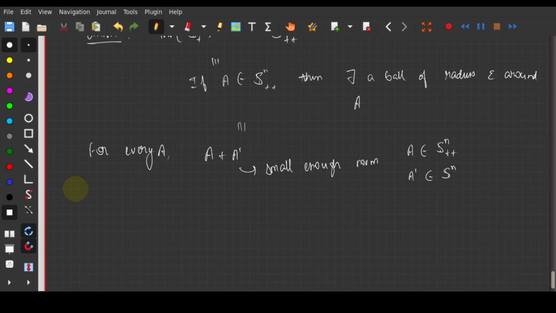What I want to show now is that I pick any positive definite matrix. Fix any positive definite matrix of your choice.